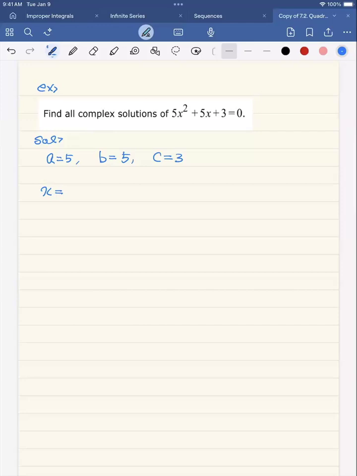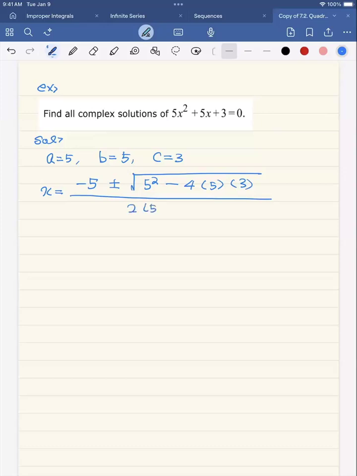So the solution is minus b, which is minus 5, plus or minus square root of b squared, which is 5 squared, minus 4 times a is 5 times c is 3, over 2 times a is 5.